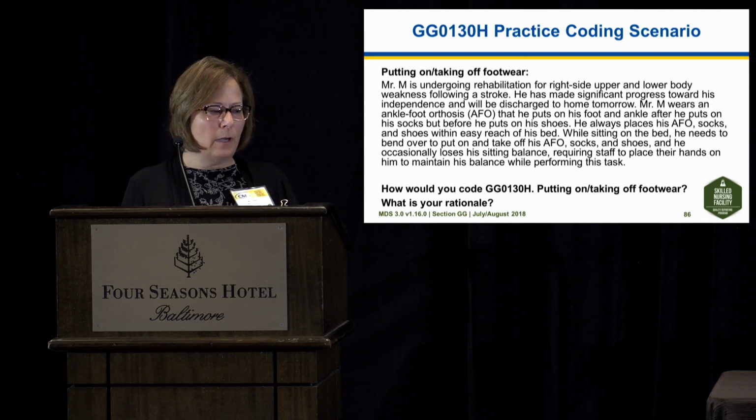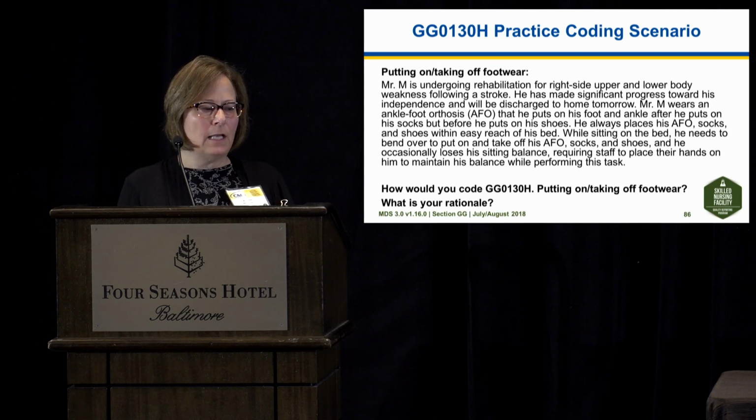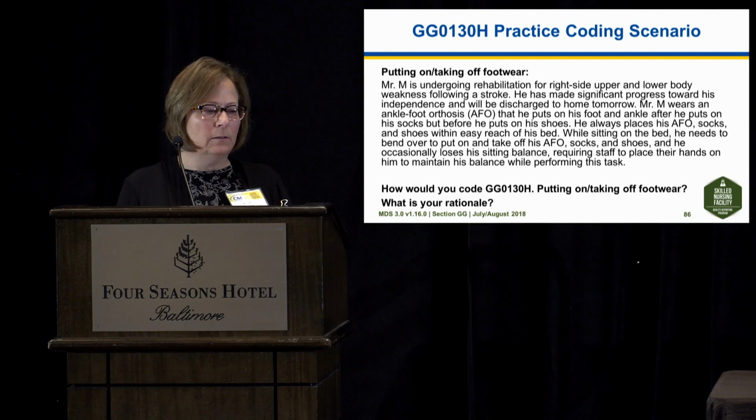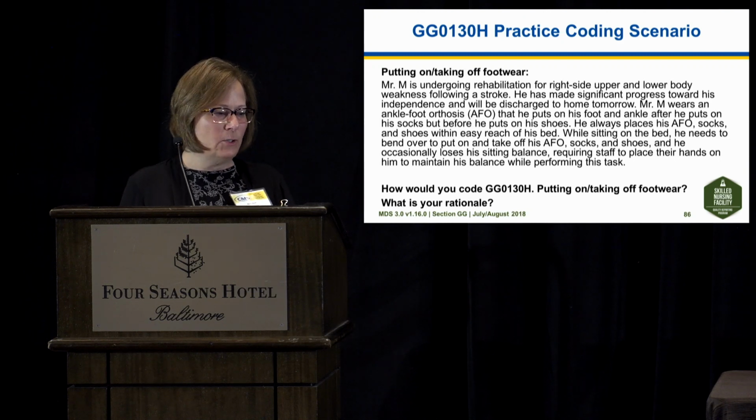Mr. M is undergoing rehab for right side upper and lower body weakness following a stroke. He's made significant progress towards his independence and will be discharged to home tomorrow. Mr. M wears an ankle-foot orthosis, AFO, that he puts on his foot and ankle after he puts on his socks, but before he puts on his shoes.